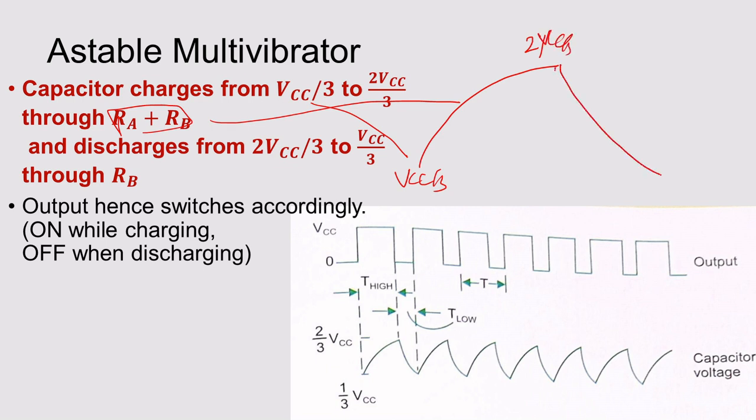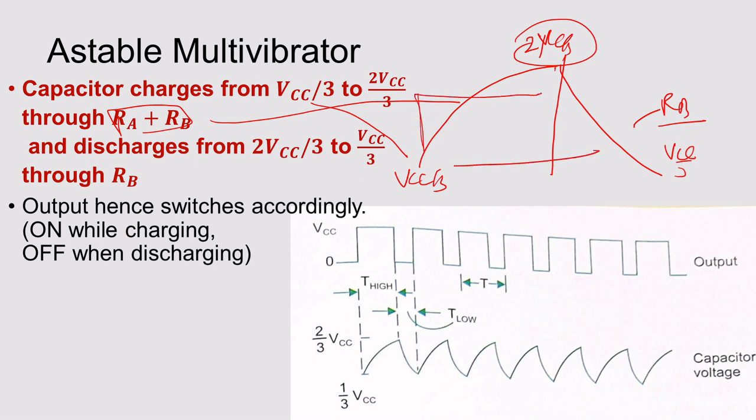The discharging is 2 VCC by 3 to VCC by 3 through the RB network. So this is what they're trying to explain in this slide. So this period is an on period and this period is an off period. This is T on, this is T off.